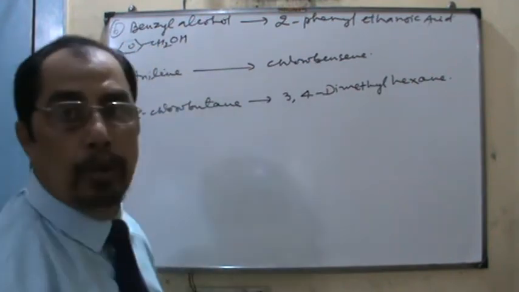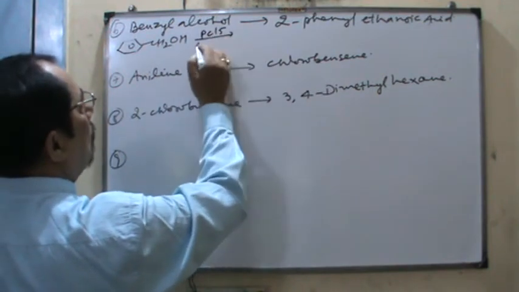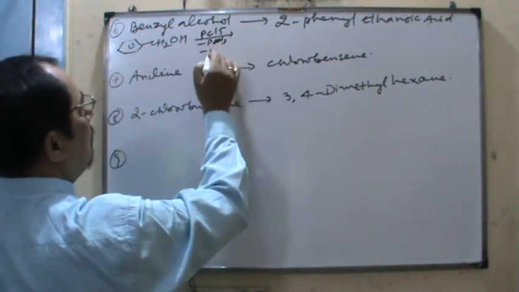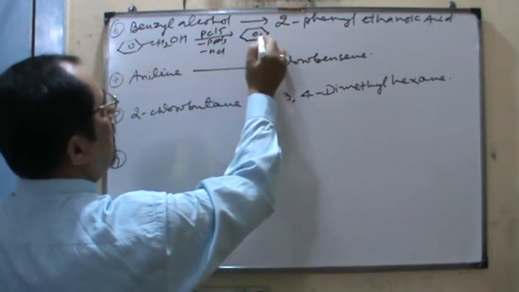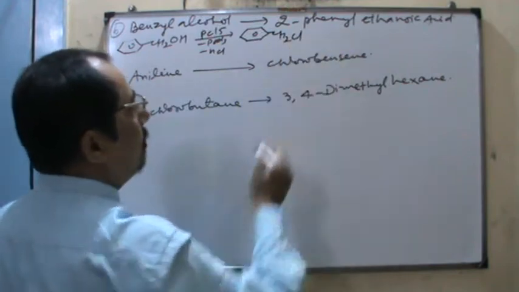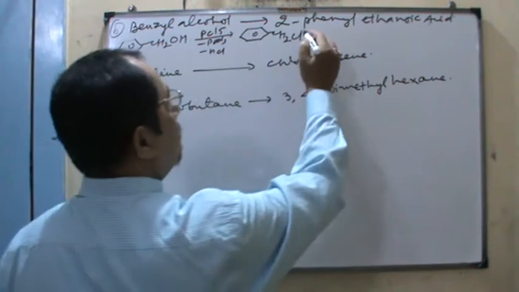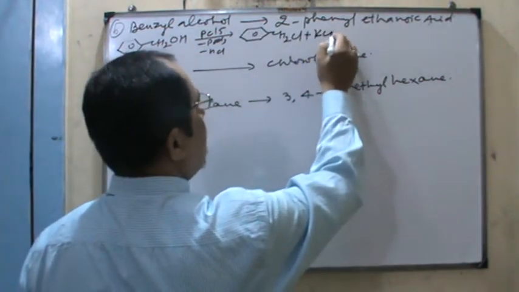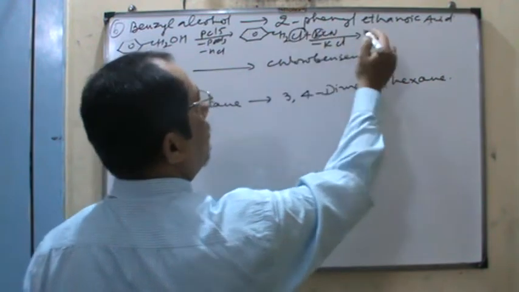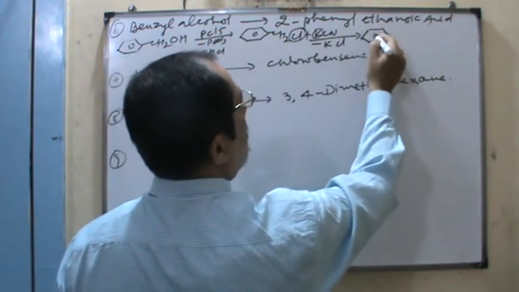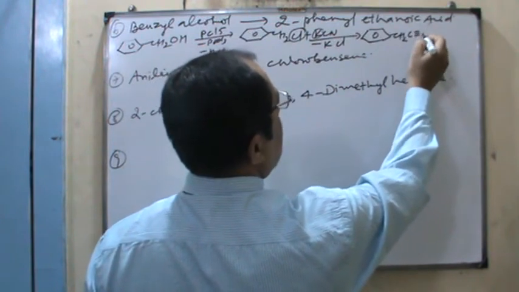Now it is changed into halide. Now with POCl3, minus HCl, then it is called benzyl chloride. If you want the acid, then it must be converted into cyanide, with KCN. KCl is out here, and then it forms benzyl cyanide like this.